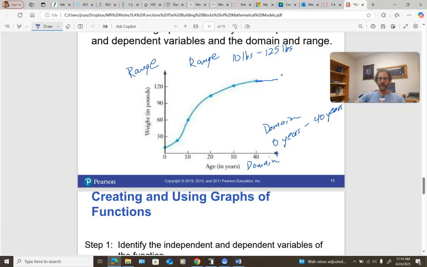Let's say that, if it continues this current path, then this would be the data point that represents the weight when this individual hits 50, which would be maybe a little bit more than 125, but not a whole lot more. Okay, so the utility associated with these functions is, once you are able to establish this relationship and quantify it, then you can start using the function to make predictions for data values in the future.